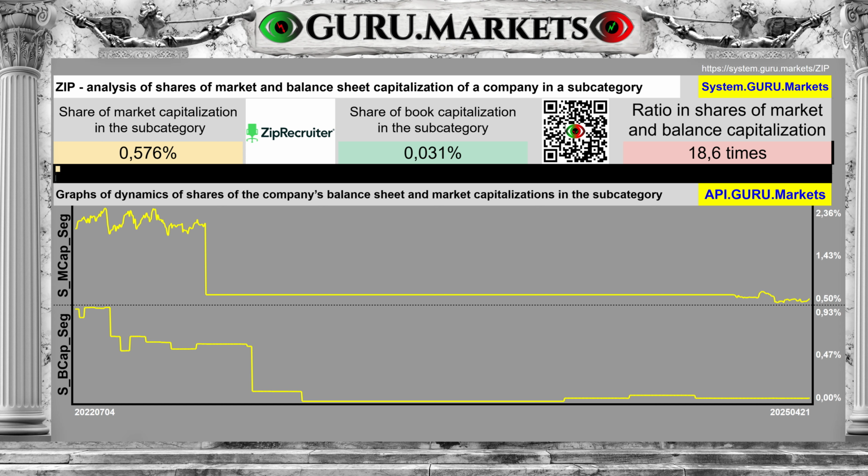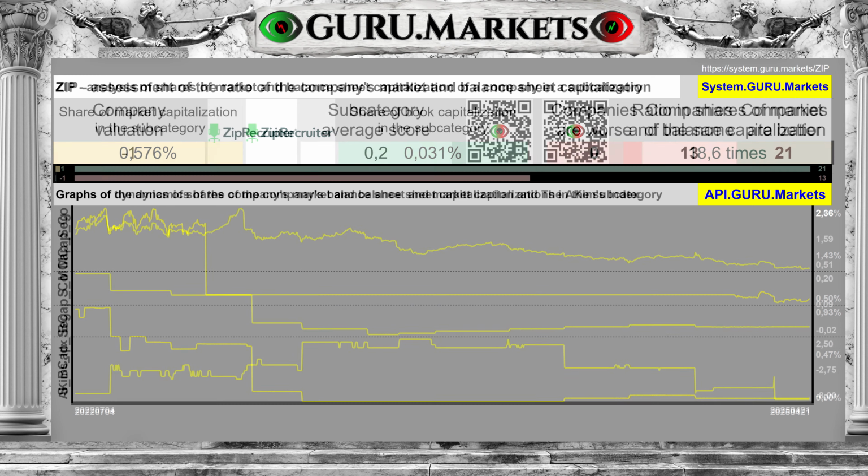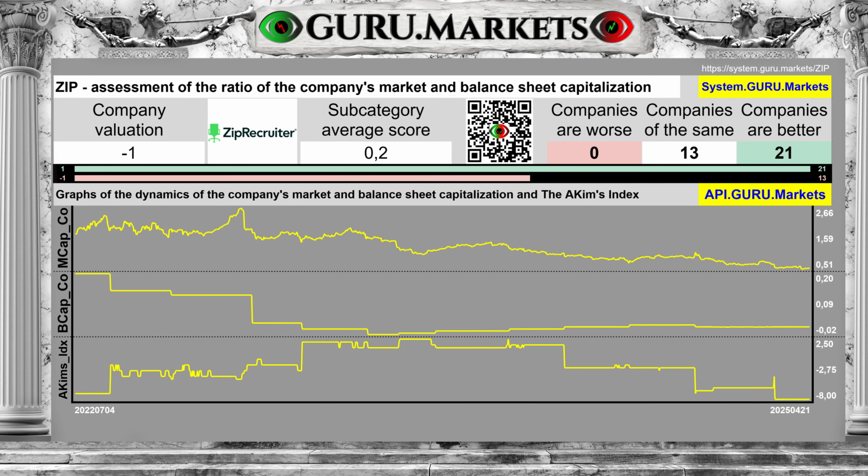The share of ZipRecruiter Inc in the subcategory when assessing market capitalization is 0.576%. The book value share is 0.031%, which is 95% less than the share of the exchange value. Assessment of the company's share of the market and book value of the subcategory: bad, -1 point.